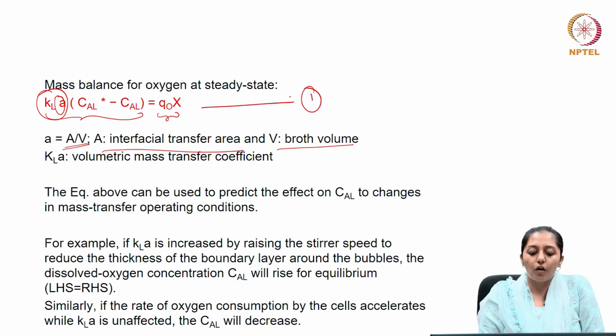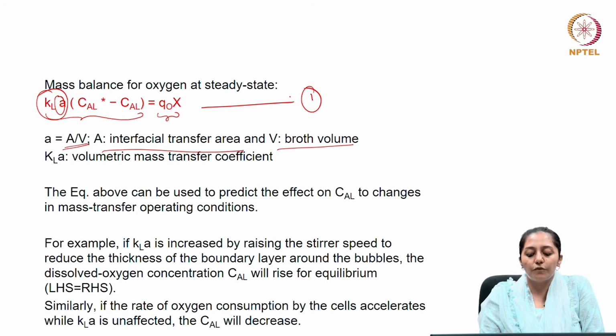Now, the dissolved oxygen concentration will then rise to maintain the equilibrium, and when this happens, you will observe in equation 1 that your CAL will increase, so that the difference between C star minus CAL reduces and the steady state is maintained.